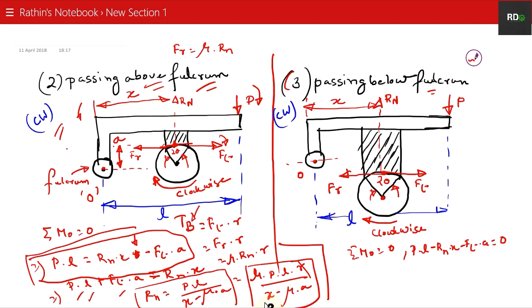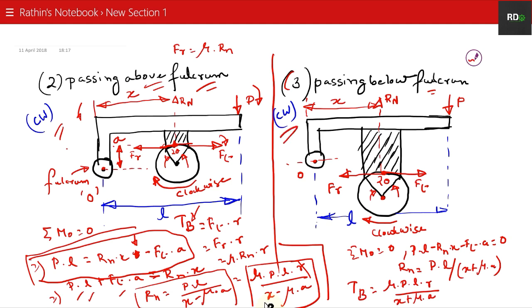So your Rn will be PL by X plus mu into A. So your TB will become mu into P into L into R divided by X plus mu into A.